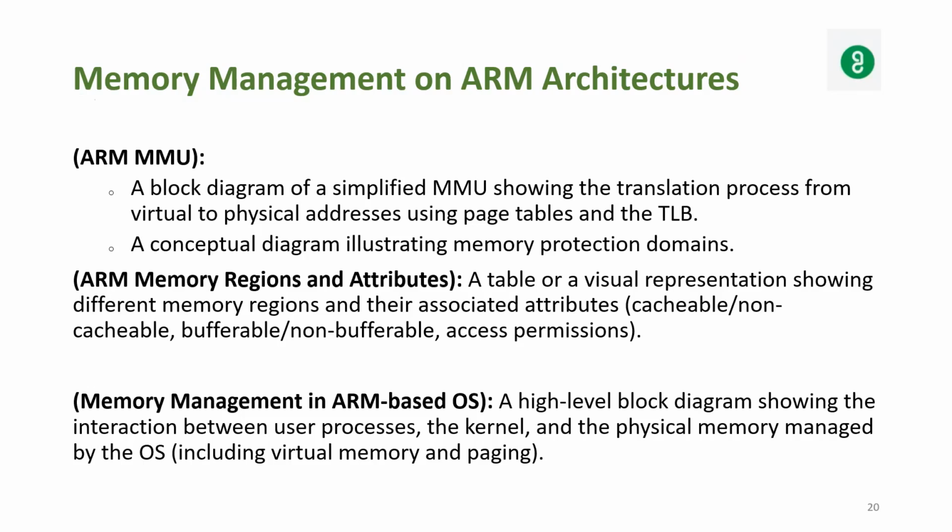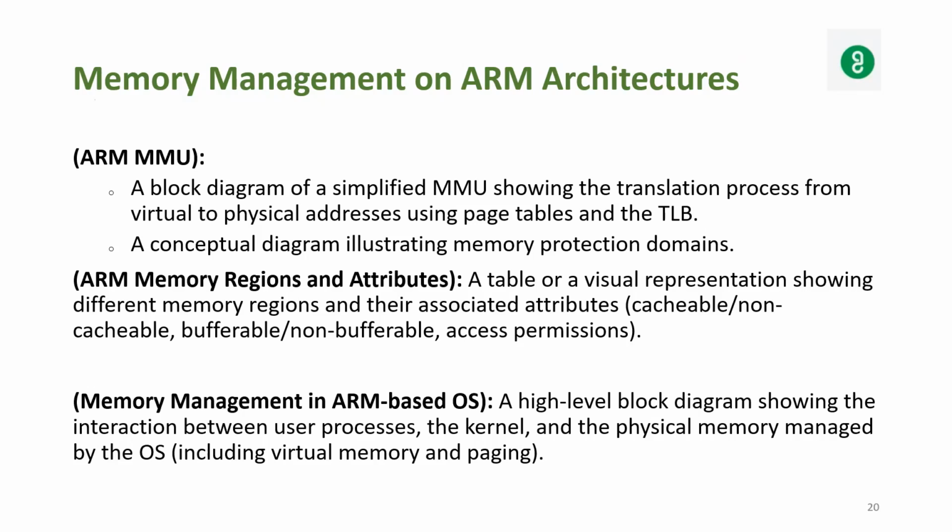If you want to take the address from the page table, then you have to add an offset to it. The offset will be added with the page table entry to obtain the address from the table. And this will be stored in the TLB. TLB is similar to cache memory. It works for memory protection domains also.